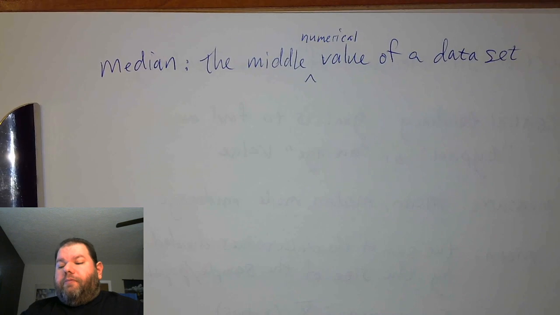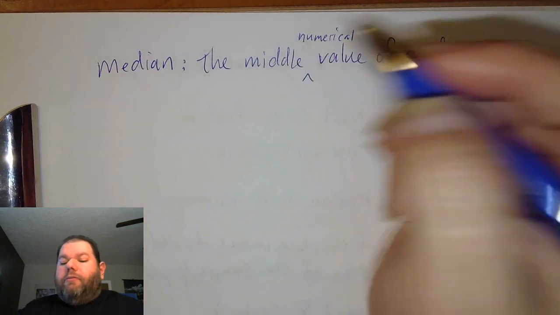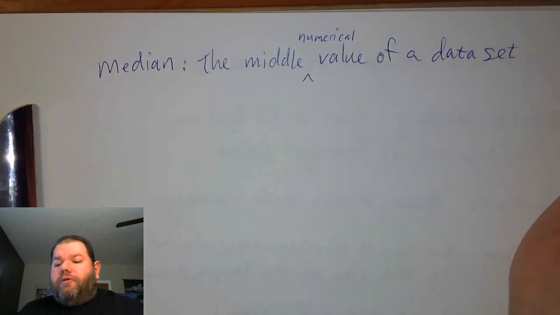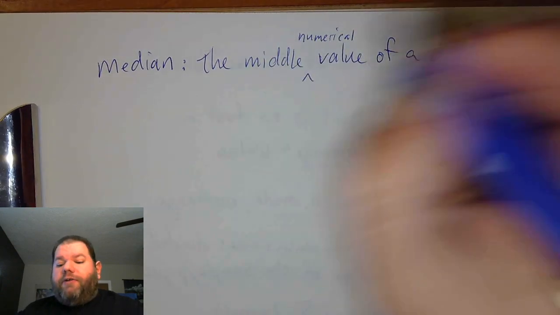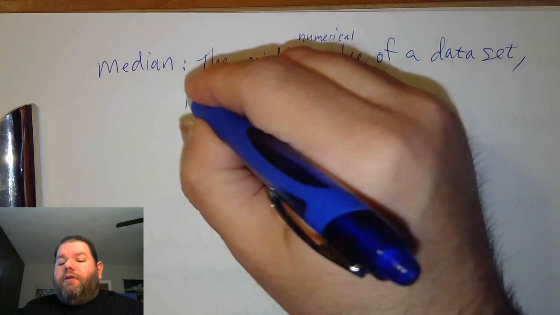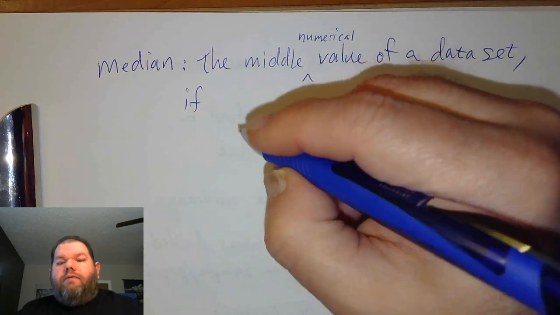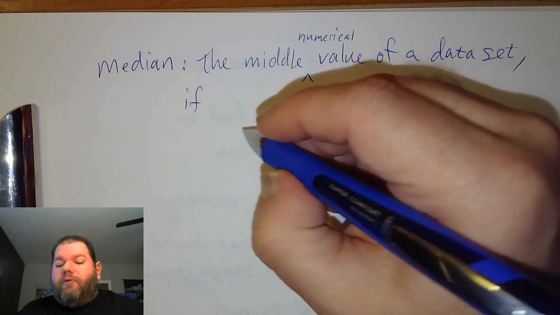Now, for the median, there is one other thing. We talk about it being the middle value. If the middle falls between two values, then we'll just find the halfway point between those two numbers.